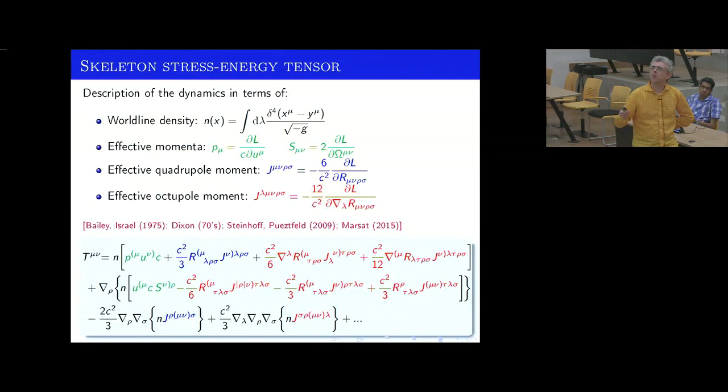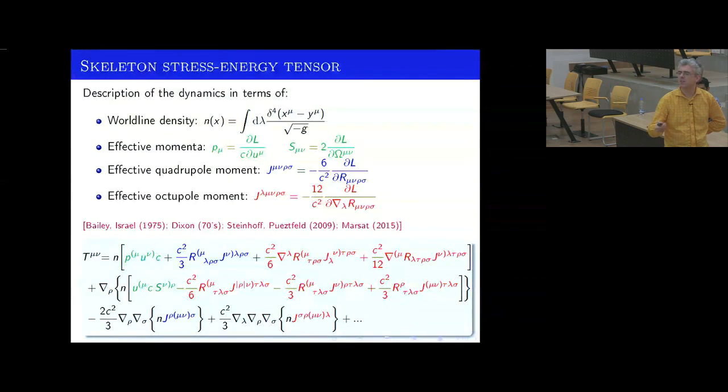Now, from this very general action, we can derive a stress energy tensor. We use this notation for the world line density, which is the generalization for point particles of the usual rho of X for a fluid. We introduce an effective linear momentum, an effective spin, defined in this way, and the so-called Dixon moments, so Dixon quadrupole, octupole. And it turns out that you can express the stress energy tensor in this way.